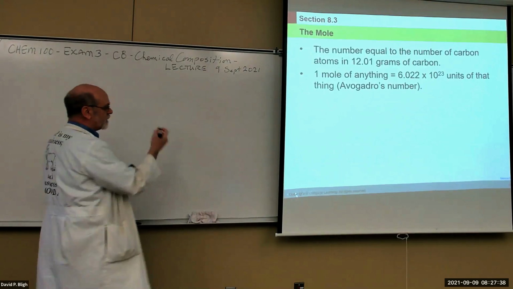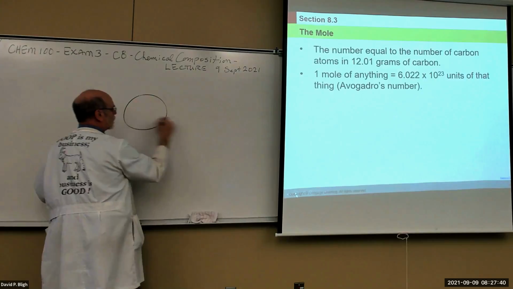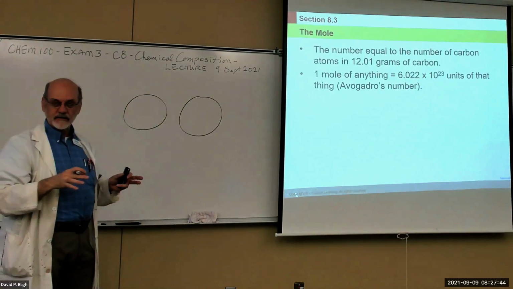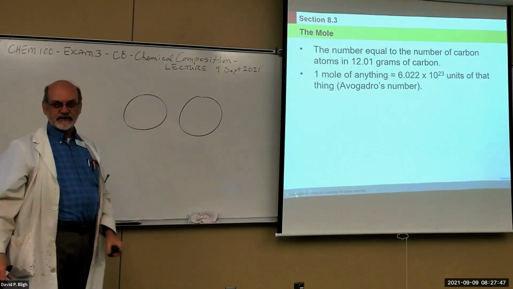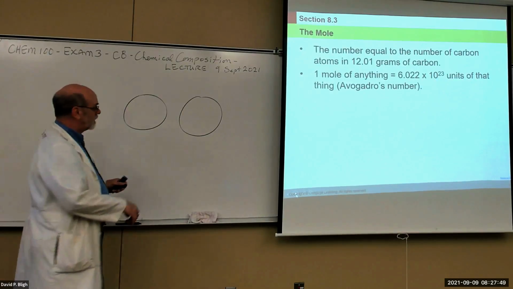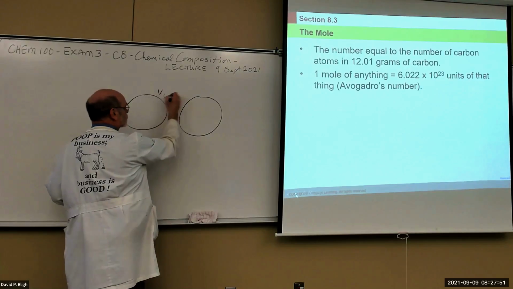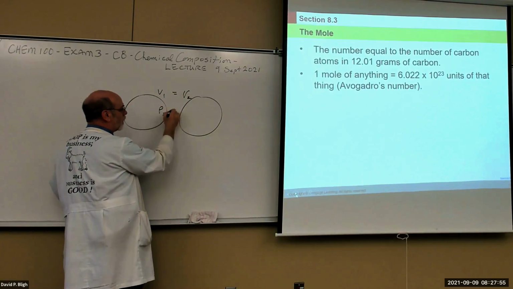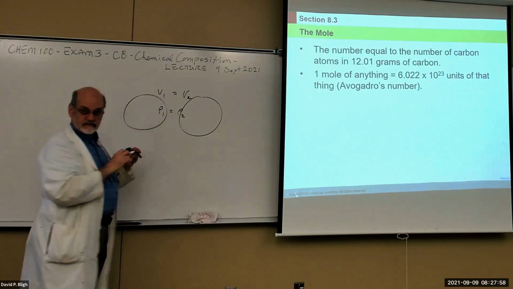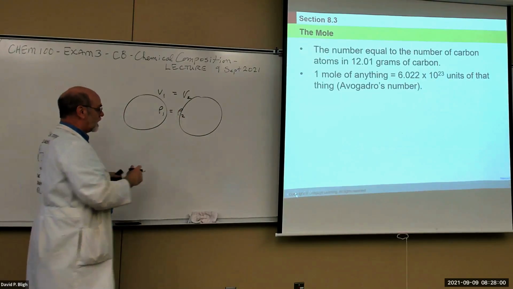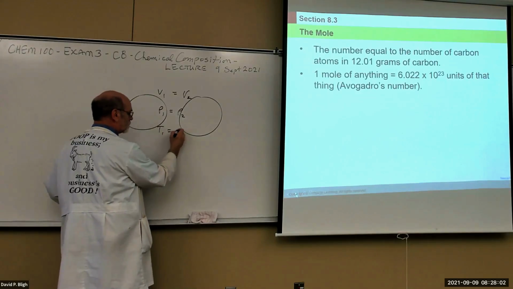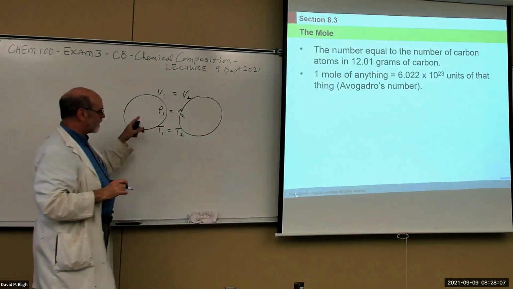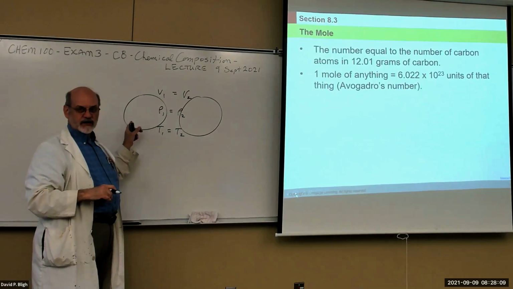Remember what he said? If you have two volumes here of gases, it doesn't matter what kind of gas is in there, as long as it's a gas in each one. If the volumes are equal and the pressure inside each one is equal to the other, and the temperatures are equal, then it must be that there are equal numbers of particles in each one.